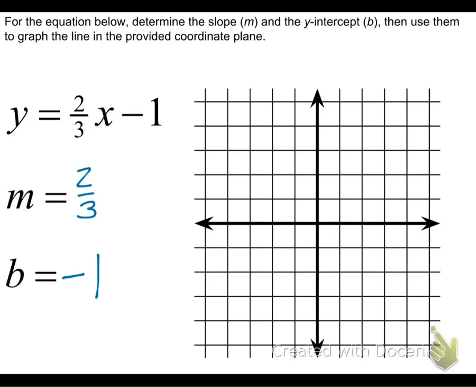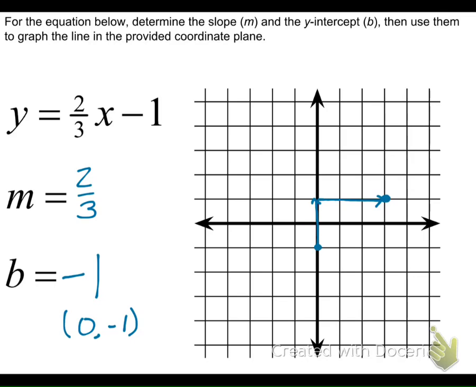Okay. So if my y-intercept is -1, I have to plot the point 0, -1. So I'm going to start at my origin and not go left or right because the x is a 0. So I'm just going to go down 1. And if my slope is 2/3, I'm going to go up 2, because rise over run, over 3.